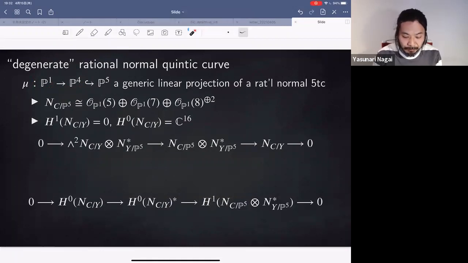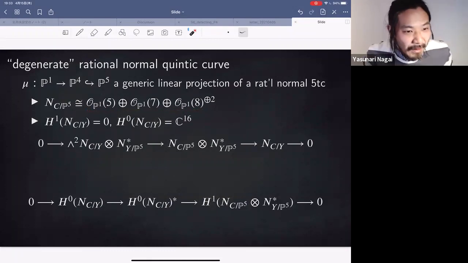Yeah, and then the normal bundle of this degenerate rational quintic curve is calculated like this. This is the same calculation as before.